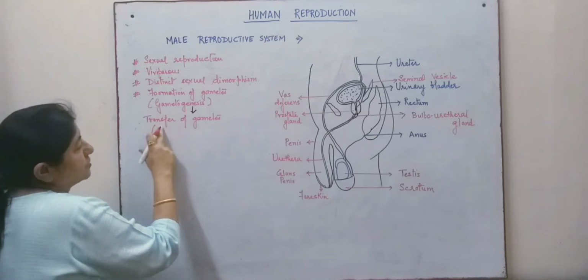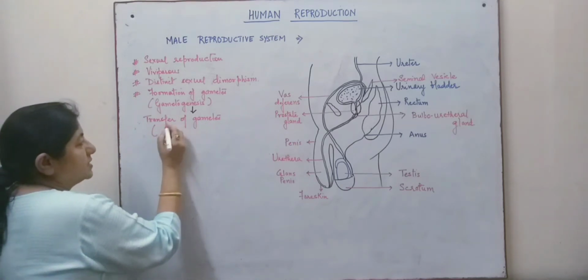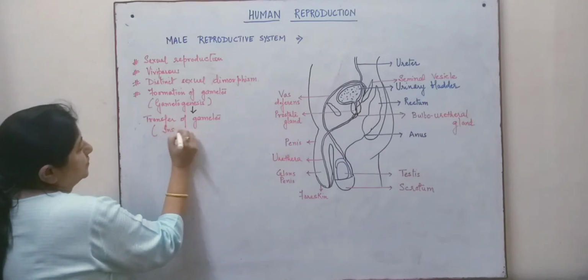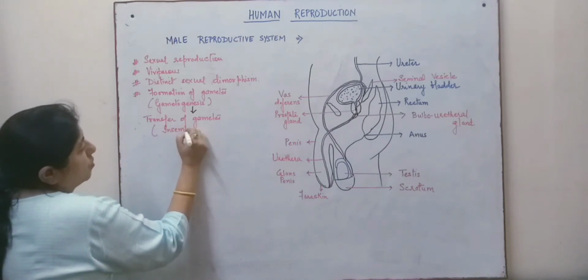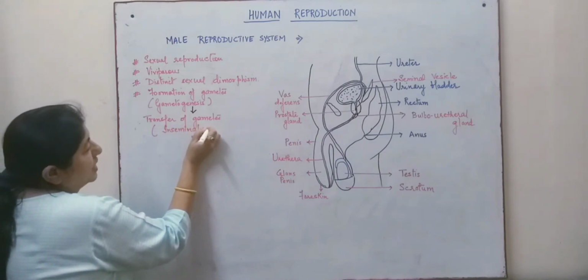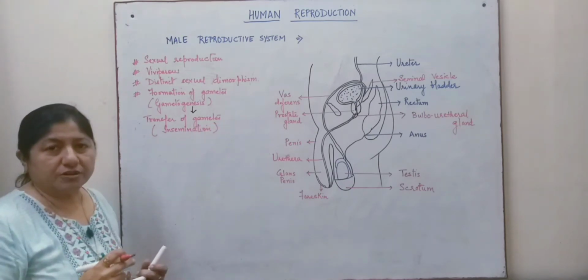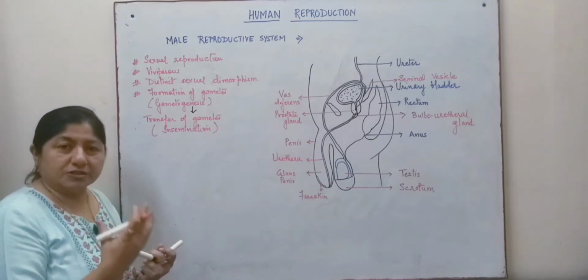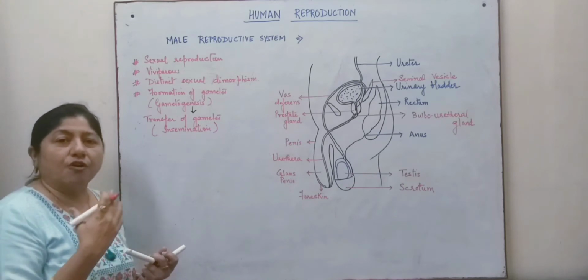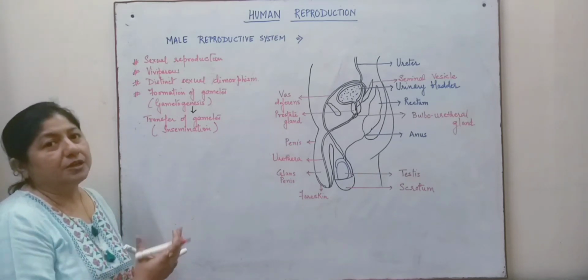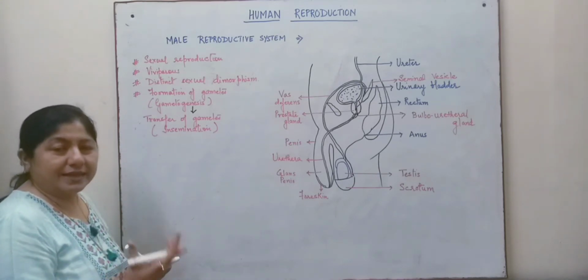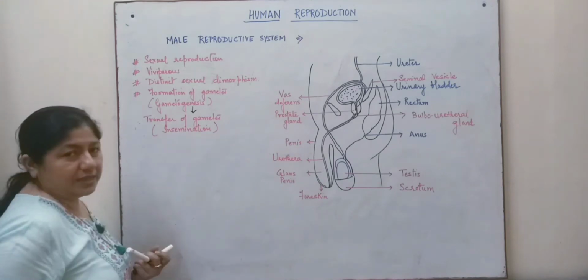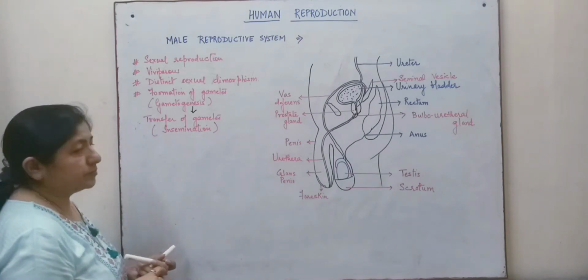So this process of the transfer of gametes is known as insemination. Since we know that the male gamete is motile whereas the female gamete is stationary, the process that involves the transfer of the male gamete, which is sperm, to the female gamete, that is the egg, is known as insemination.